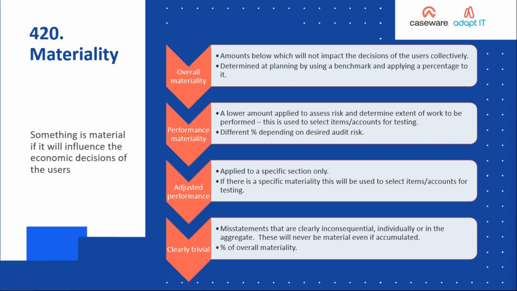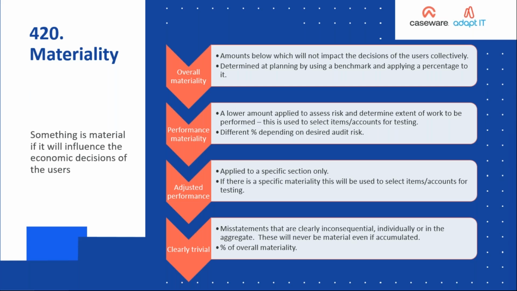So usually the calculation of materiality will be done at planning stage by a senior or by a manager level. For the overall materiality, we define it as an amount below which will not impact the decisions of your user.